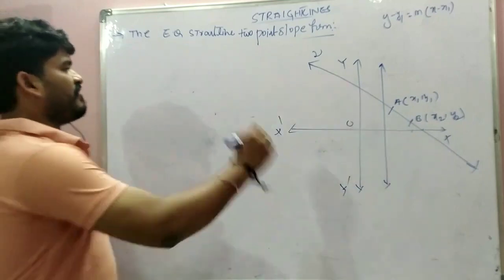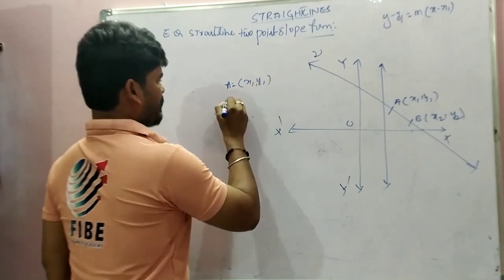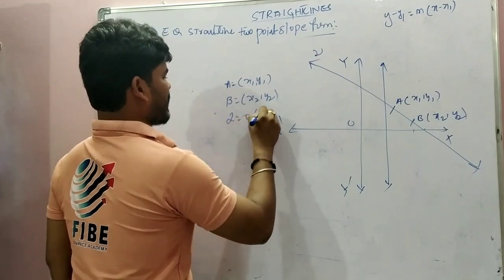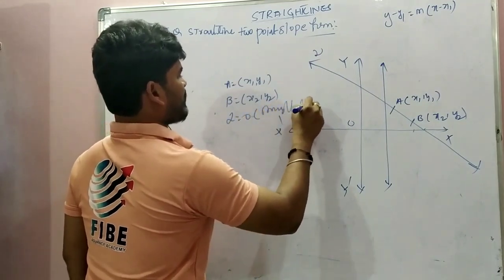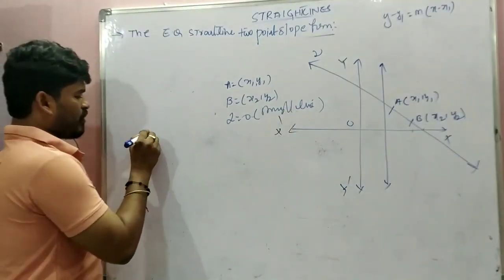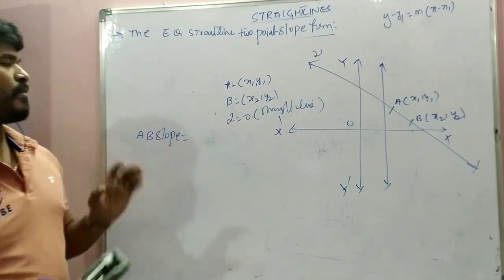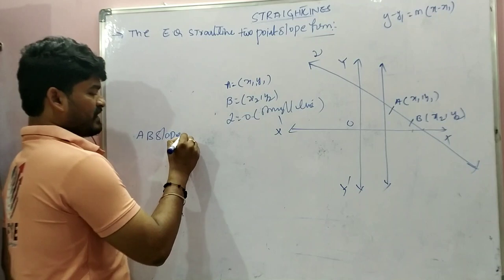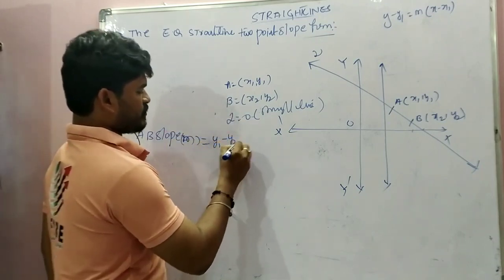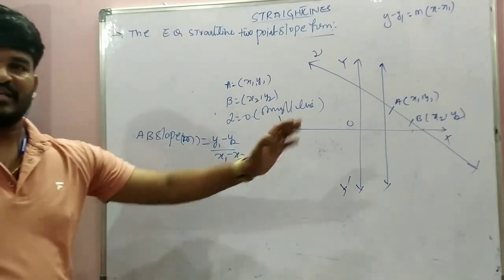From this diagram, the slope of AB is m = (y1 - y2)/(x1 - x2). So this is the slope.